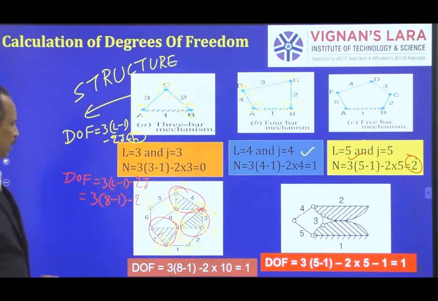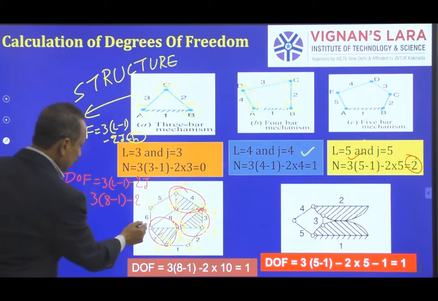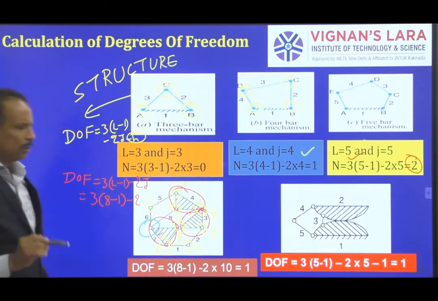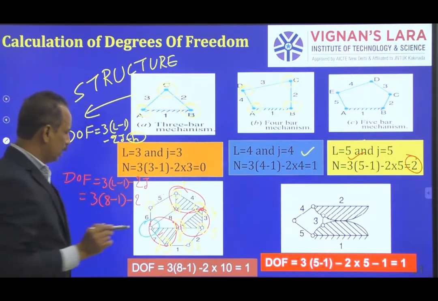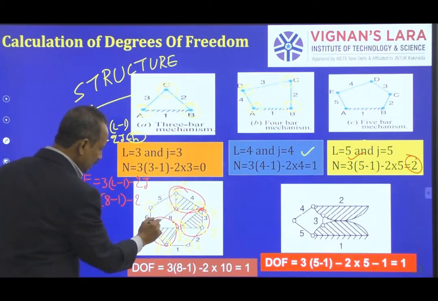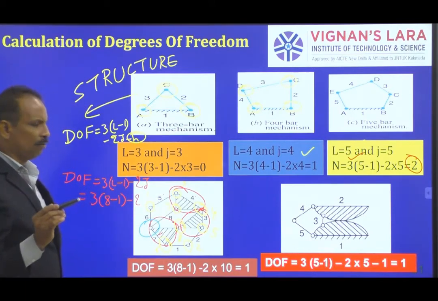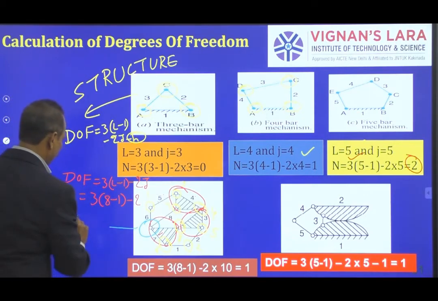Then what is left out of all this? You can see one of the joints here I have not marked, because this is not a binary joint. This is one link, this is another link, this is another link. Three links are connected at one location. That is why it is called a ternary joint.